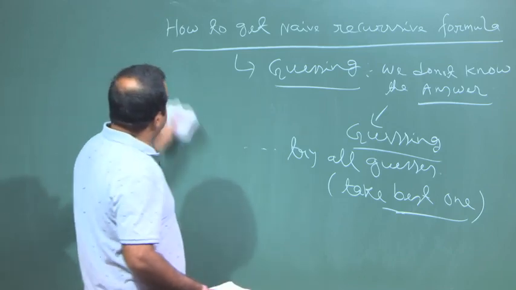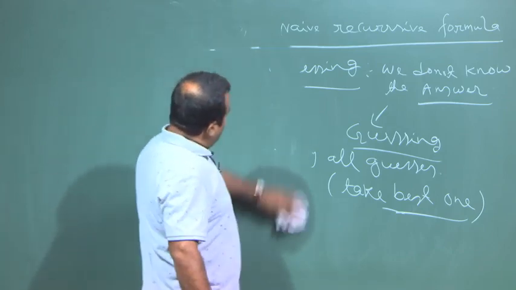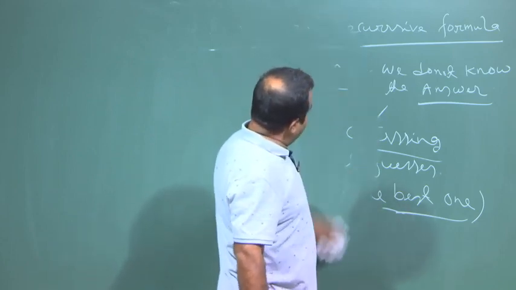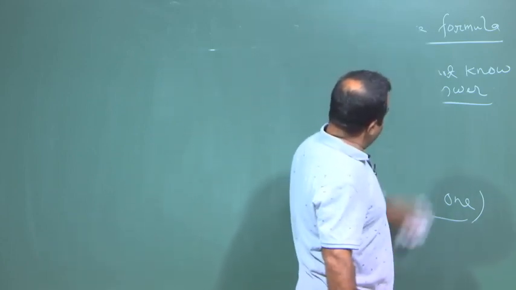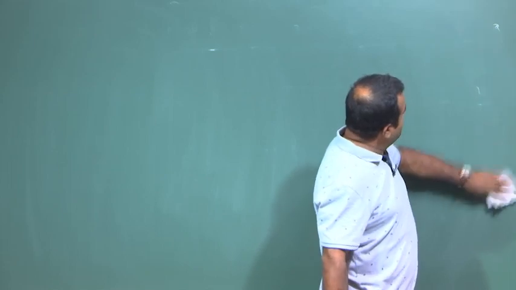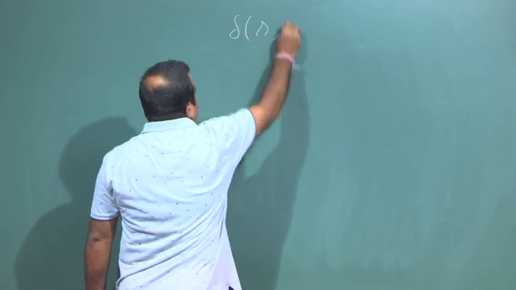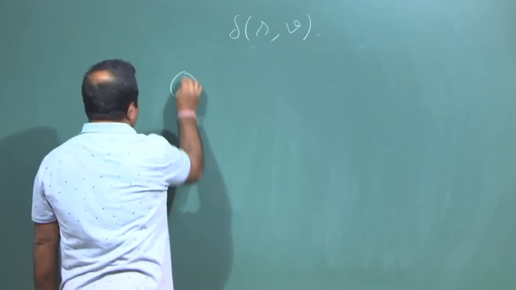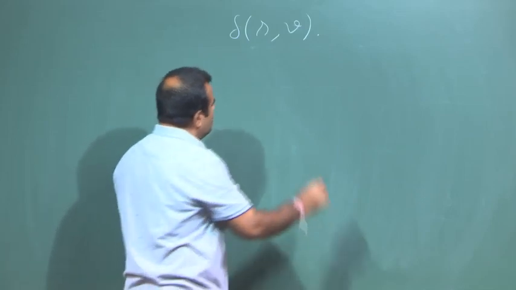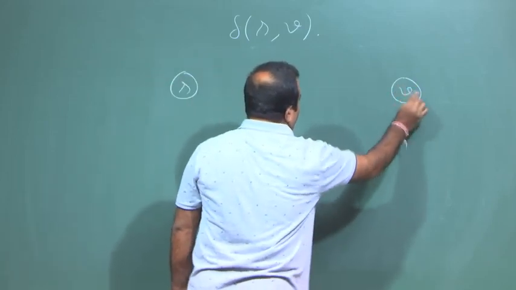So, that is the idea. Let us try to see how we can get a naive recursive formula or naive algorithm for this single source shortest path. We want to find delta(s,v). We have the source vertex s and another vertex v.